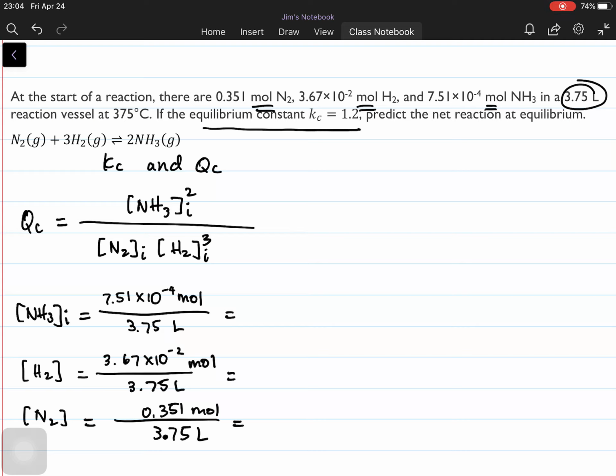For NH3, the initial concentration is 2.0 times 10 raised to negative 4 molar. For H2, that is 9.8 times 10 raised to negative 3.